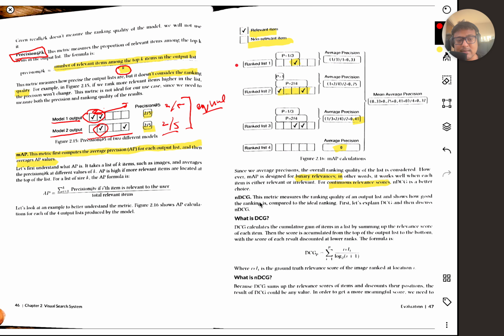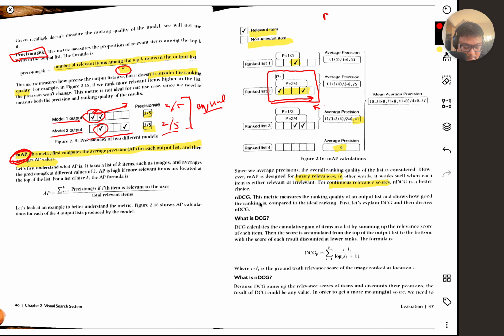Now, another thing you can do is compute something called mean average precision. For example, let's say you have this sort of list. Your number of predicted items is k.